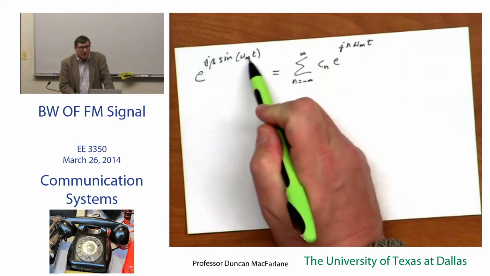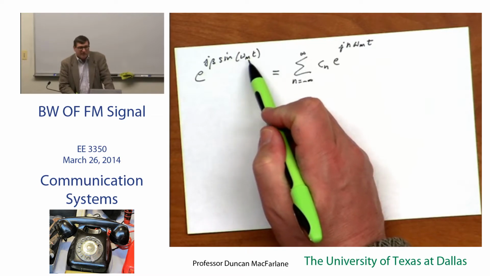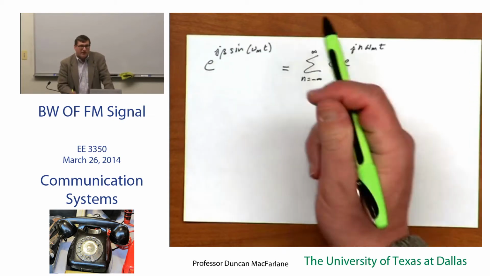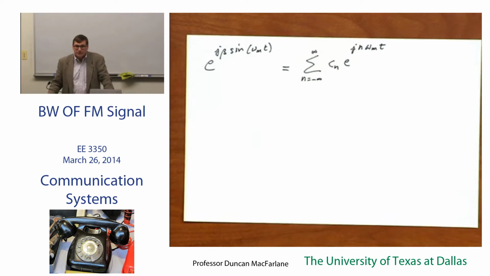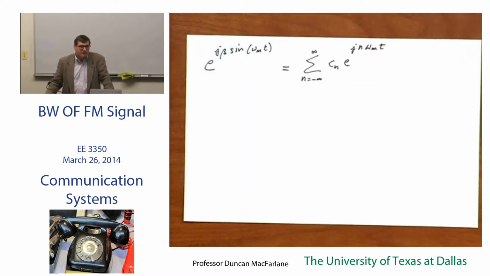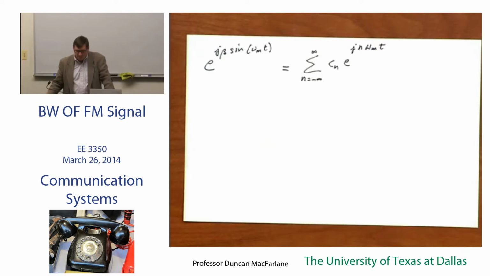Sine will go to 1 at omega m t equal to what? Pi over 2, plus 5 pi over 2, plus 9 pi over 2, and so on. Okay? So this will always cycle through the same value. So for that reason, this is periodic, and I might as well pick my Fourier series.